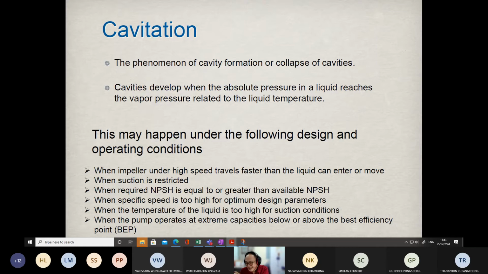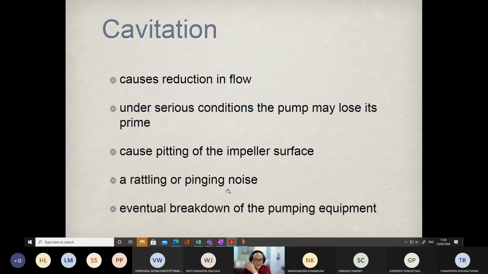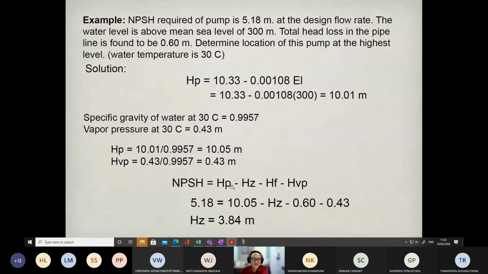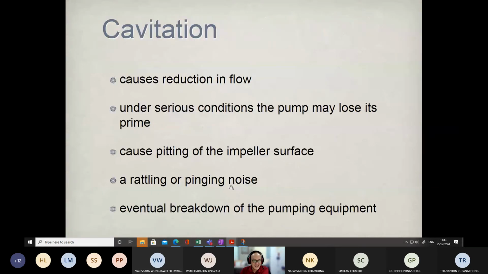This is why we have to be concerned about this kind of head called net positive suction head. Installation of the pump is also important. So these are the details about cavitation.